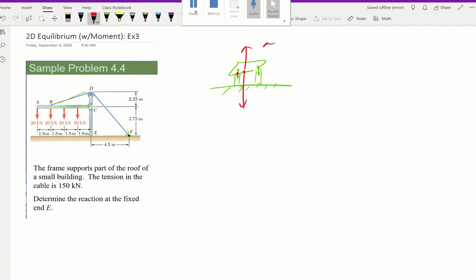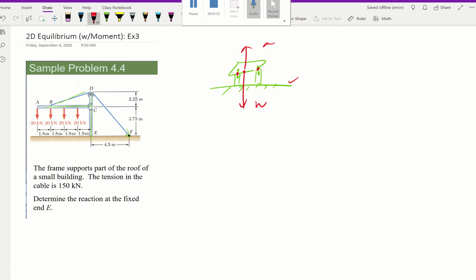We don't worry about the internal structure, because it's no longer related. Looking at this entire FBD, those internal forces are not exposed. We only need to worry about what forces are acting on the whole thing, which in this situation would be just weight and a normal force. So this is the same concept here.